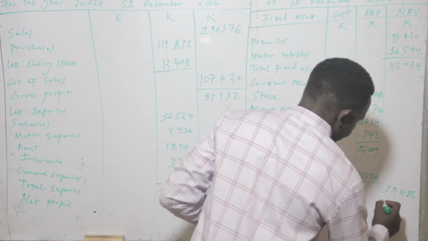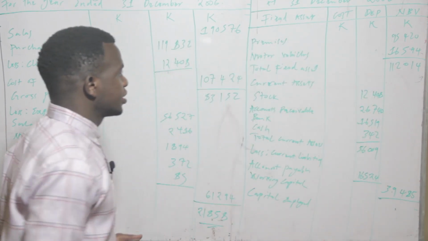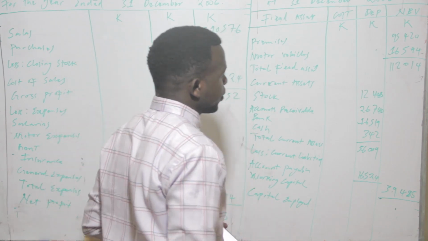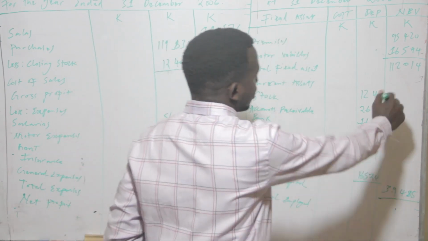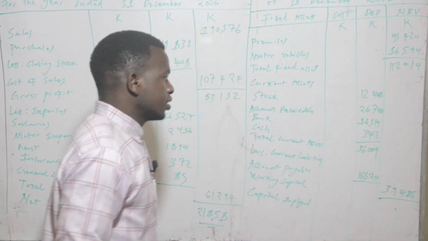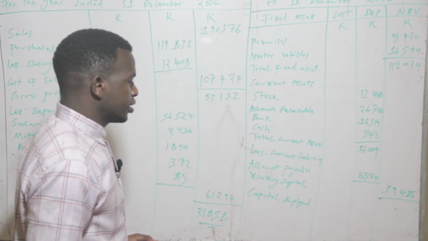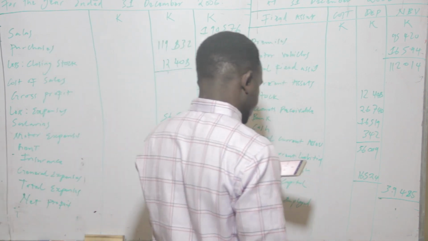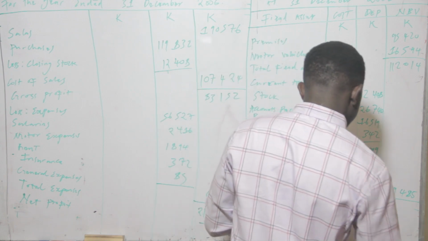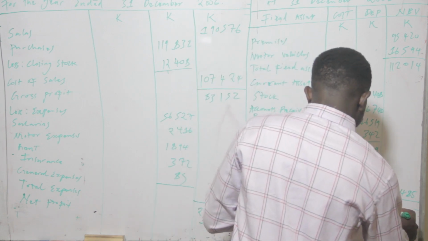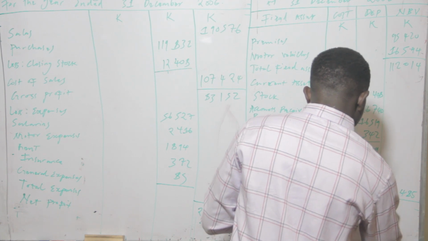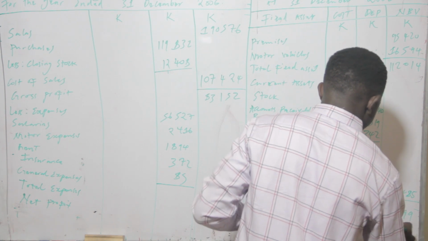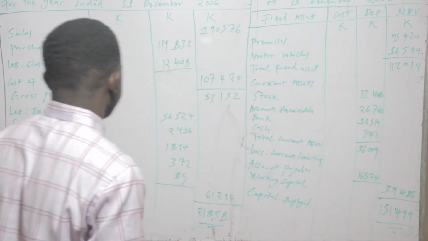To find capital employed, we're going to add the total fixed assets and working capital. So we are going to add 112,014 plus 39,485. The answer that we are having is 151,499. So this is the figure that we are having.